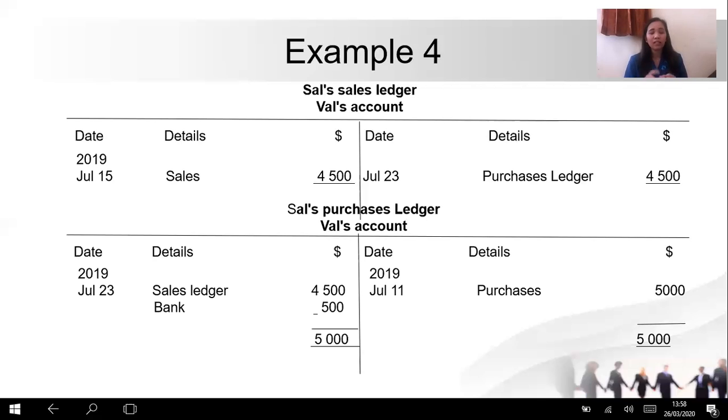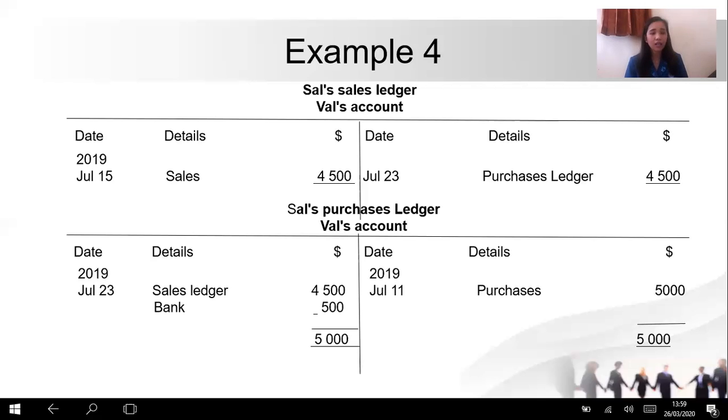The second type of question is that the sales ledger is usually on the debit side, but sometimes it can have a credit balance. We follow the same process: post all the transactions according to the question and then find the balance b/d and balance c/d. It's possible they have a credit balance.